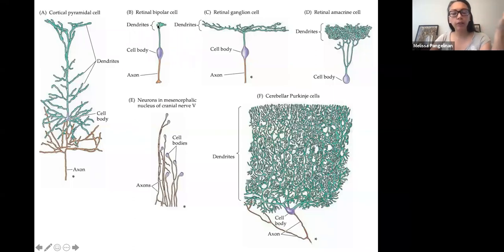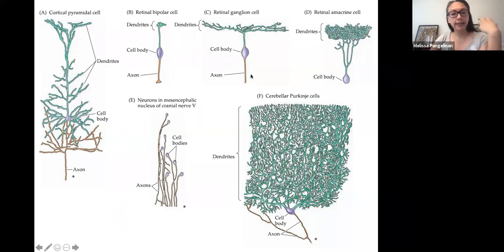So with this retinal bipolar cell, it receives only a few inputs and only sends a few outputs. Again, that looks very different than what we see with the cortical pyramidal cell. Cortical pyramidal cells get a whole bunch of inputs from neighboring cells and can send a lot of outputs.